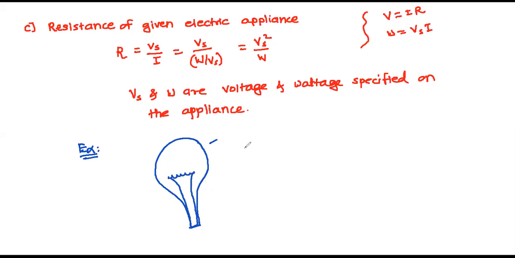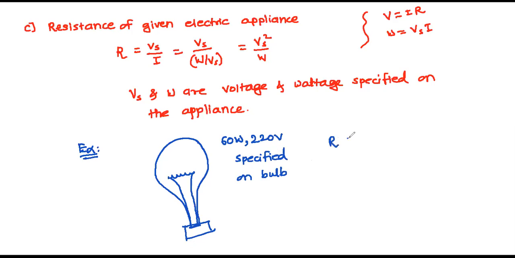On this bulb there will be something written like this: 60 watt, 220 volt. These are the specified values. On any electric appliance, you can see it will be like this: 60 watt and 220 volt.